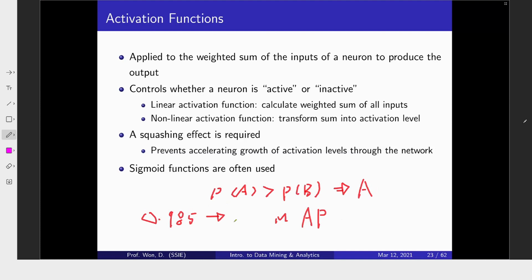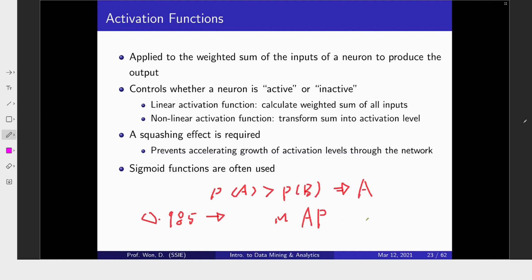That is activation. If we input this value to some activation function, the function says, oh, now your value is 0.985, then it is linked to playing outside. That is a very simple activation function.